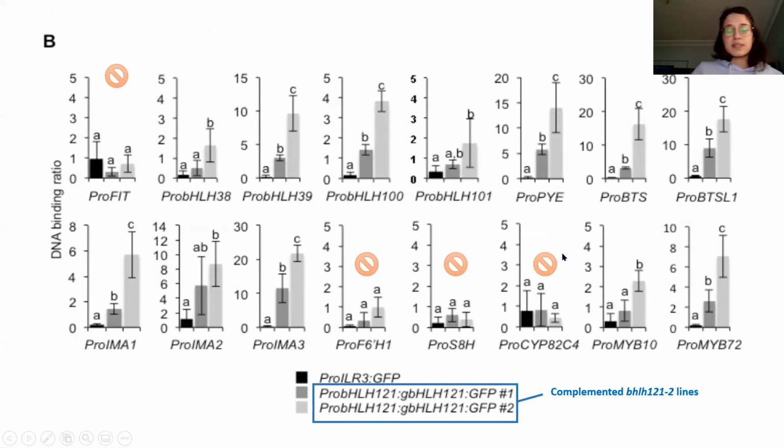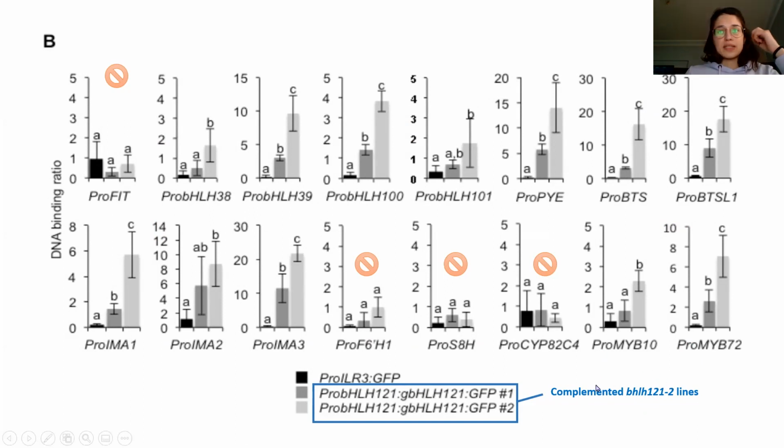And this experiment is done with the method ChIP-qPCR. And here we see the complemented BHLH121 two lines. Actually this line is used because in this construct, the growth defects of the mutant are rescued. So here I just understand, for example, that they chose this BHLH121 over the other two, but I don't know the reason why for this.